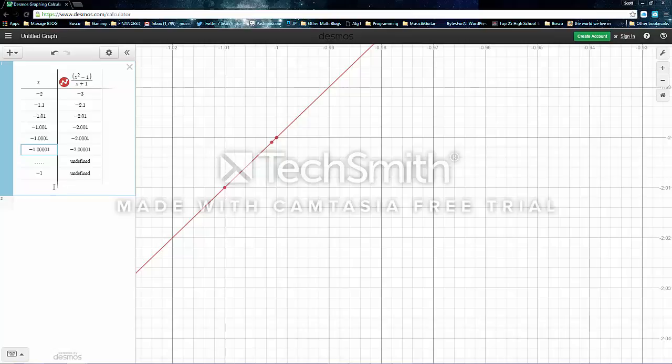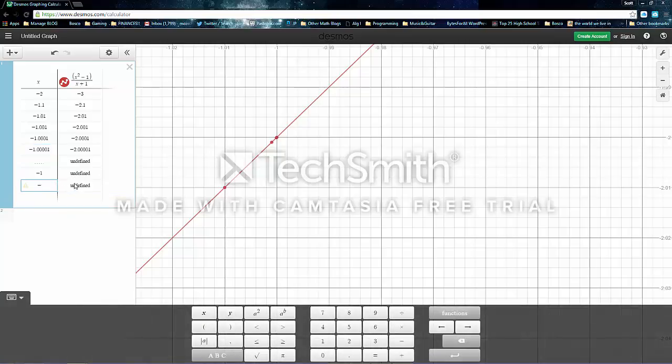So if I keep going here, if I go to negative 0.9, that also doesn't get to negative 2. Even if I make this 0.9999, that number's really close to negative 2, but there is no negative 2 value here. But that's okay. That's the limit.